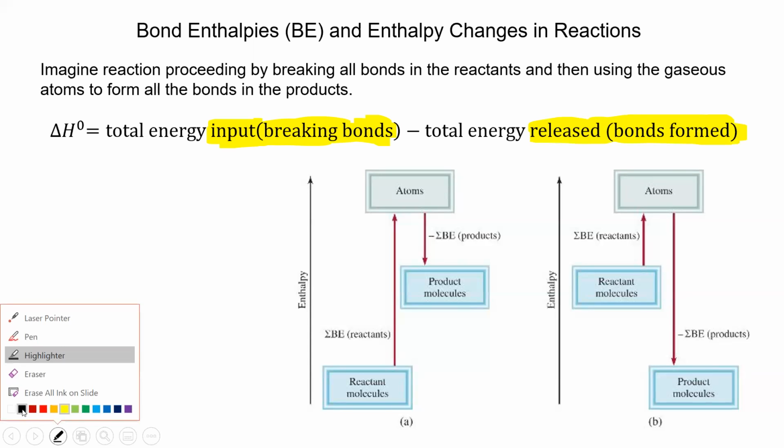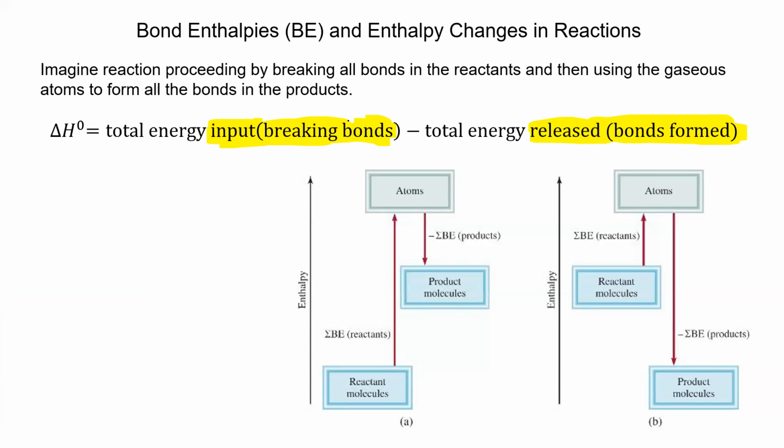When we talk about reactants and products, rather than energy input and breaking or forming bonds, this diagram shows us that we take the reactants and go from the reactants to the individual atoms and then back down to form products.